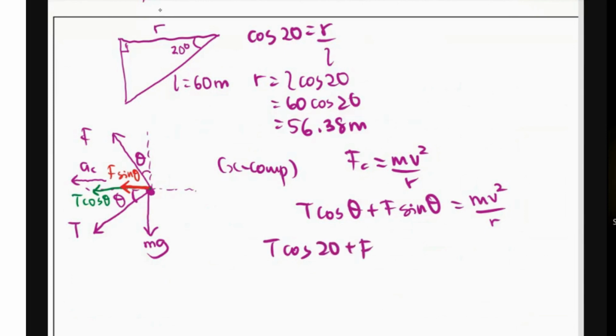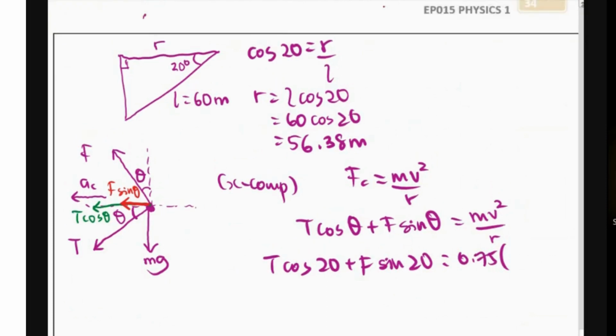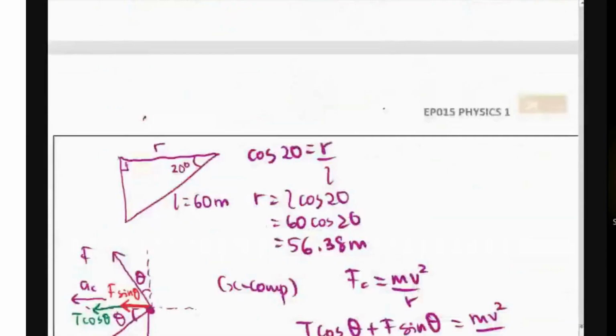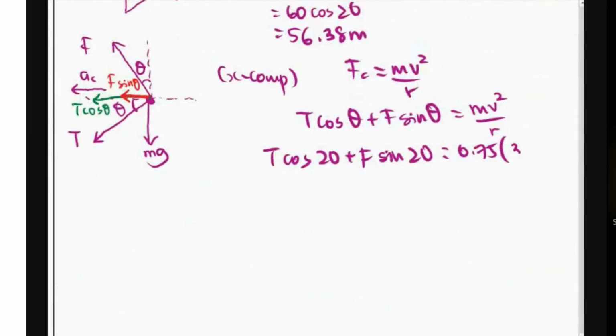And then you can put all the values in. We know the F? Do we know the F? No, we don't. So just leave it as F. The mass is 0.75. Do we know the V from the question? Yes, 35. So we already found the R, which is 56.38, and then simplify it.